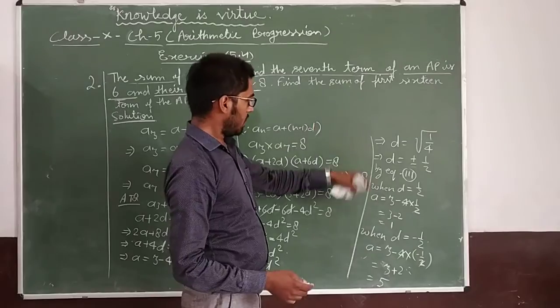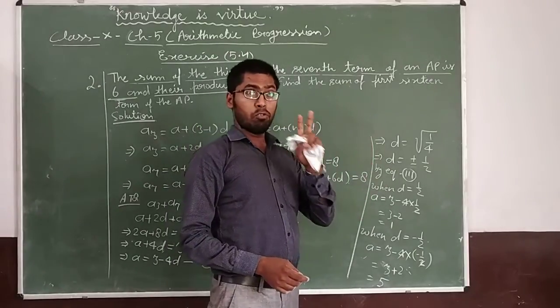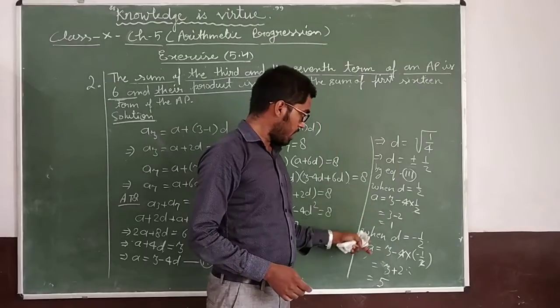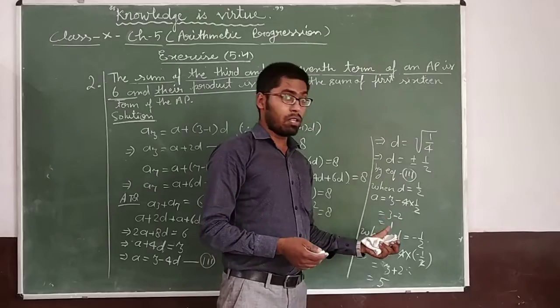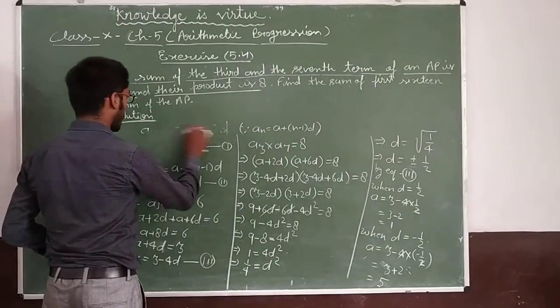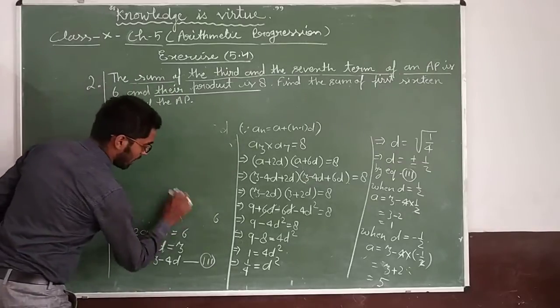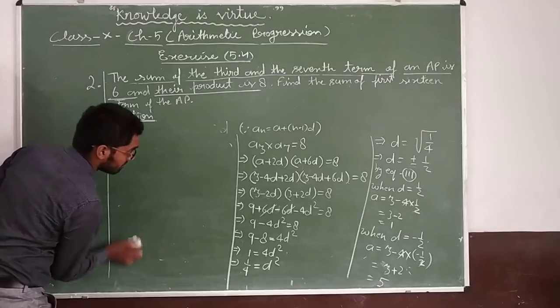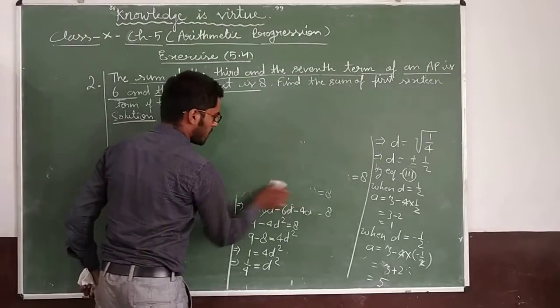So here you have two values of D, meaning two common differences and two first terms. With the help of these values you will find the sum. The question is lengthy, so don't worry, keep patience and try to understand. The question is lengthy, but it is very easy.